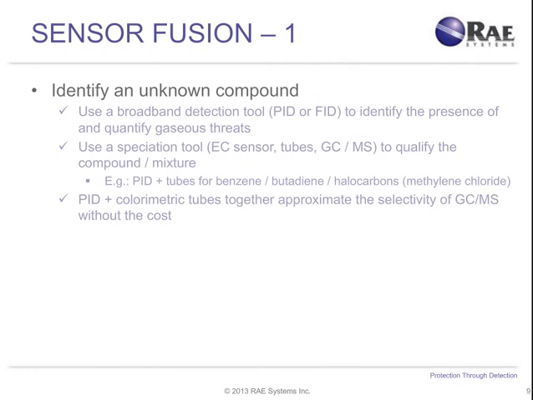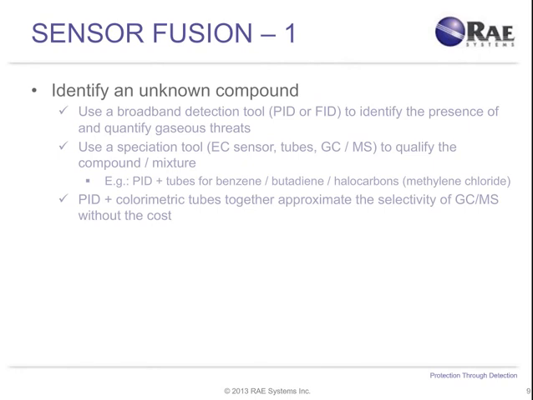So when we say use sensor fusion to identify an unknown compound, we're thinking that it would be beneficial to use a broadband detection tool to identify that there is a chemical present in the atmosphere, right? And in many cases, you would actually know what spectrum of chemicals would be present at your facility, for example, or at an accident site.